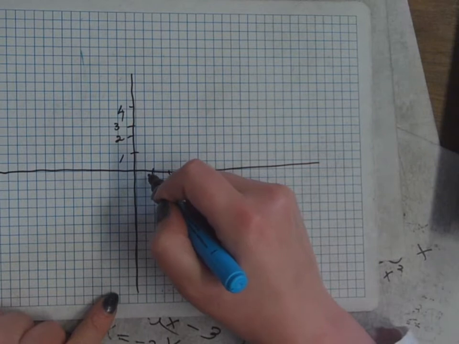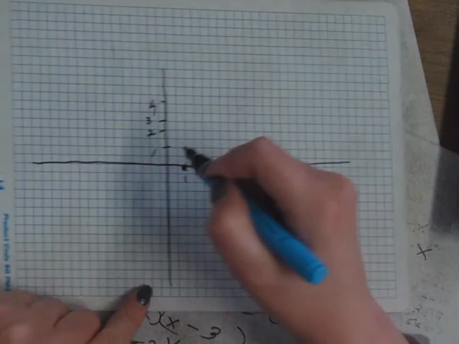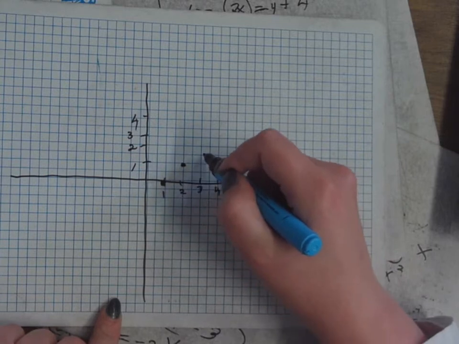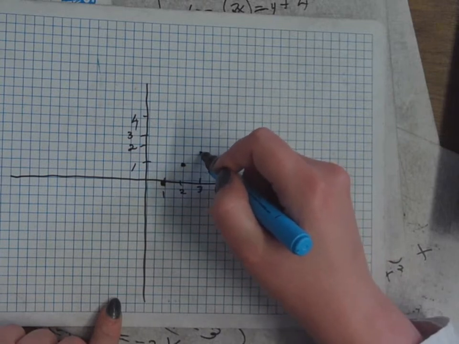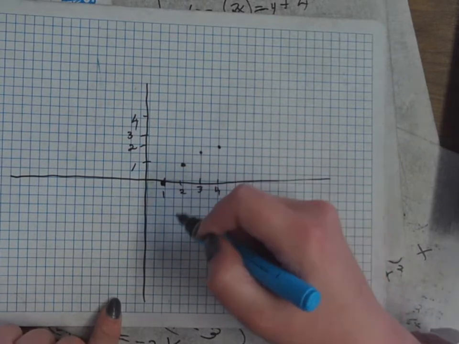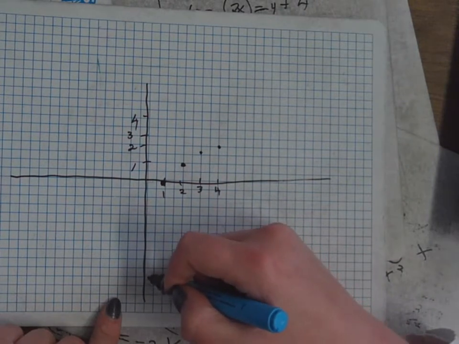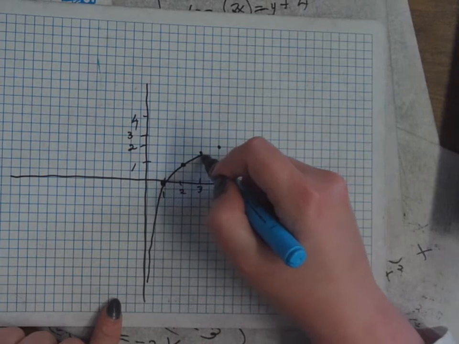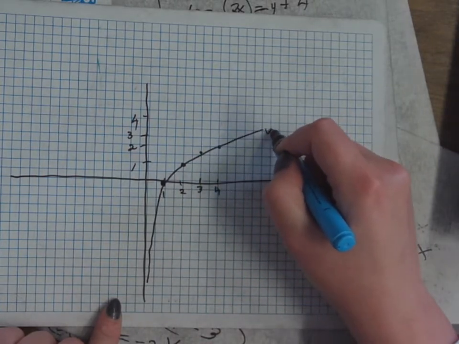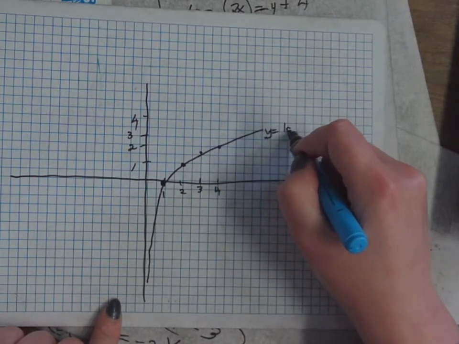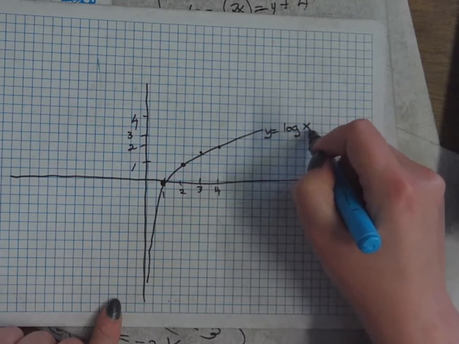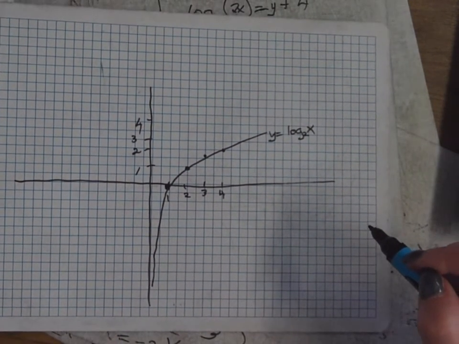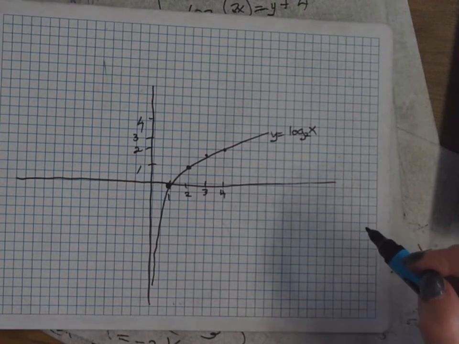Then 1, 0, then 2, 1, cross 2 up to 1. Then 3, 1.58, so it's a bit past there, and 4, 2. Okay, this is what a log graph looks like. So that is y equals log of x to the base 2. Are we all good with that?